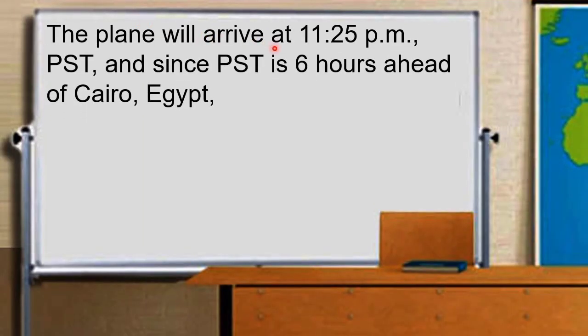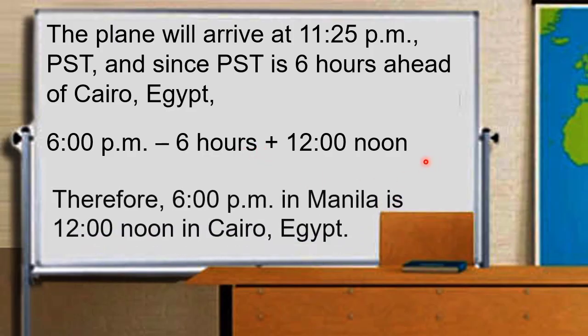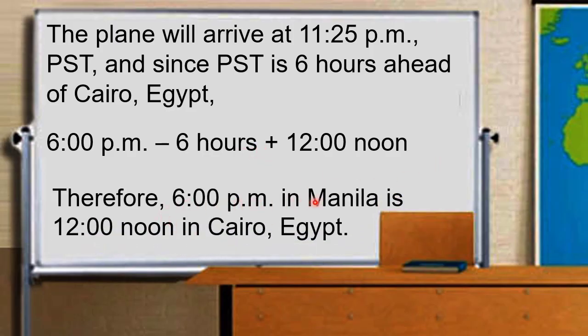The plane will arrive at 11:25 p.m. Philippine Standard Time, and since Philippine Standard Time is 6 hours ahead of Cairo, Egypt, so 6 p.m. minus 6 hours plus 12 noon. Therefore, 6 p.m. in Manila is 12 noon in Cairo, Egypt.